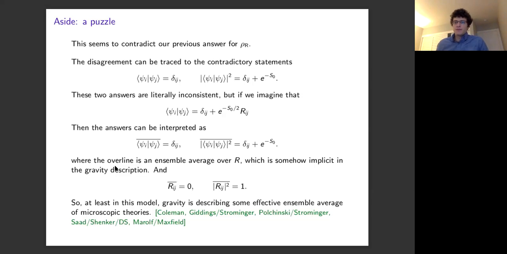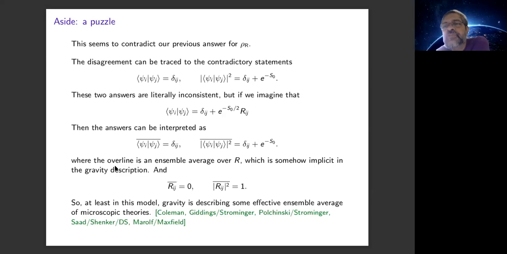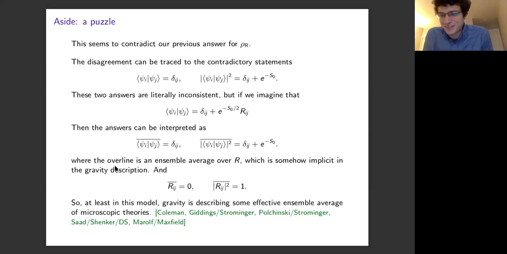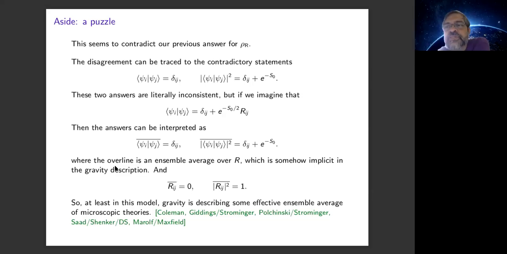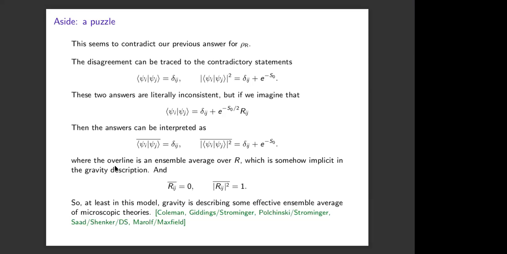Are you saying gravity has inherently some disorder or something? I mean, in the context of the SYK model, of course, there is a disorder. Yeah. But now we're talking about JT gravity. So where is the disorder coming from? No, there's a brane. The end of the world brane is there, right?